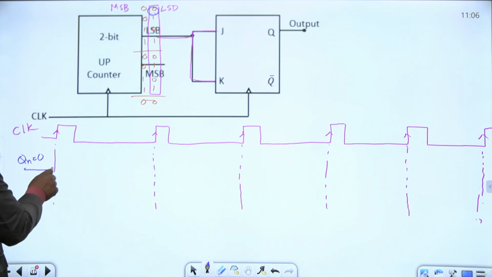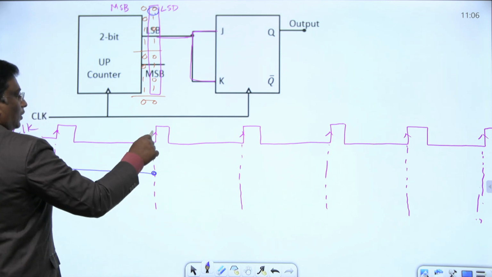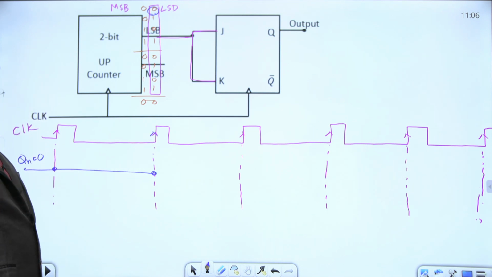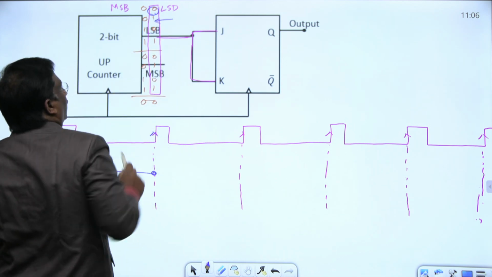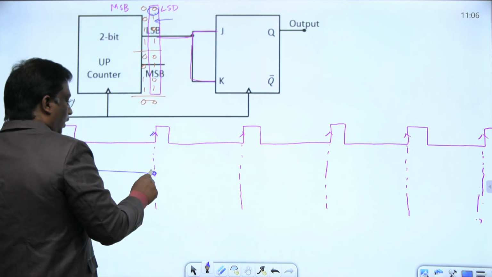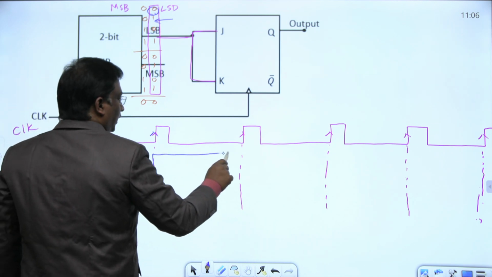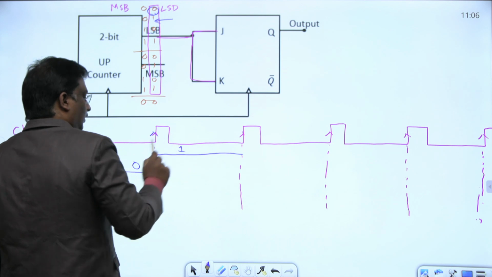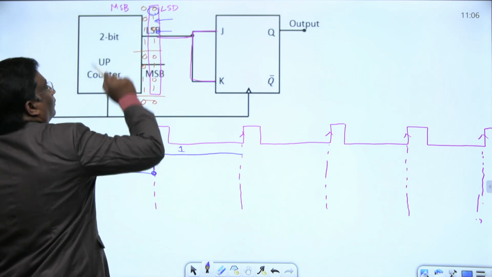Whatever the previous value, it will be retained up to the next clock edge. Next, when this is 1, then this is toggle. Previous state is 0, toggle means it becomes high up to the next state. Toggle. Next state is 0. Here 0.